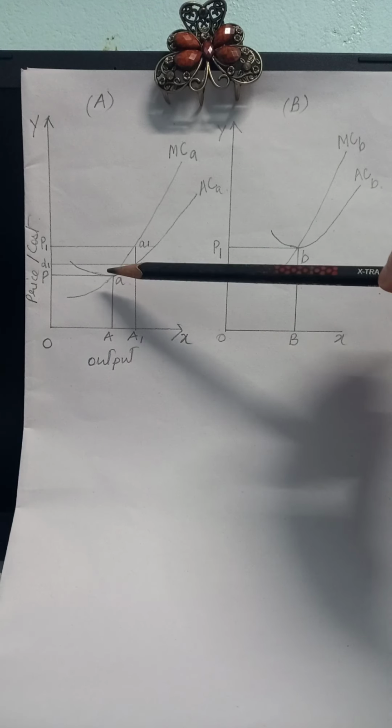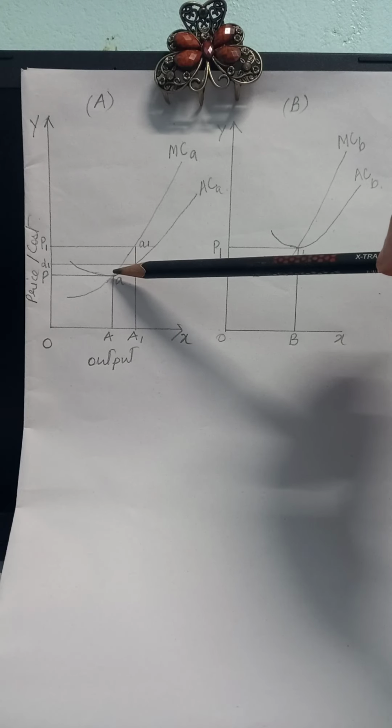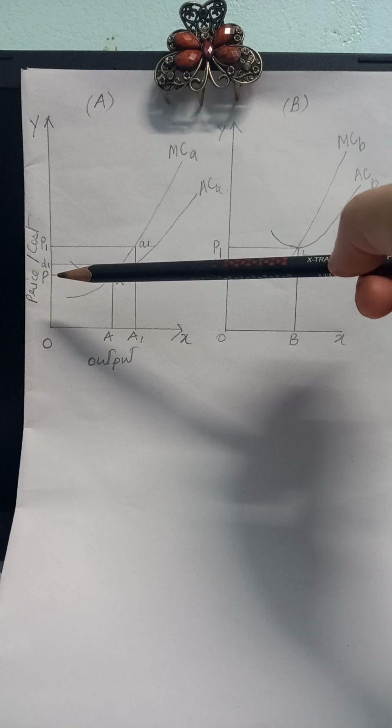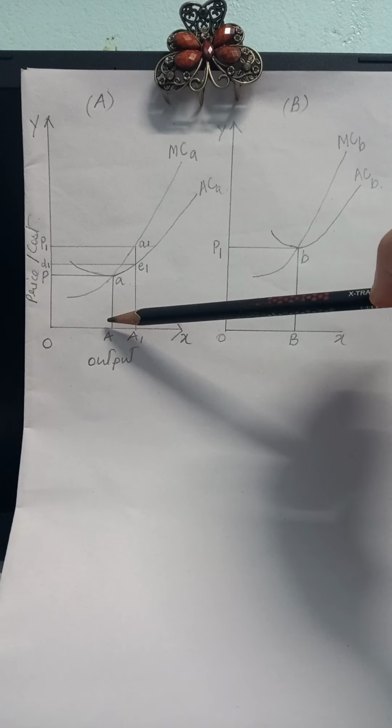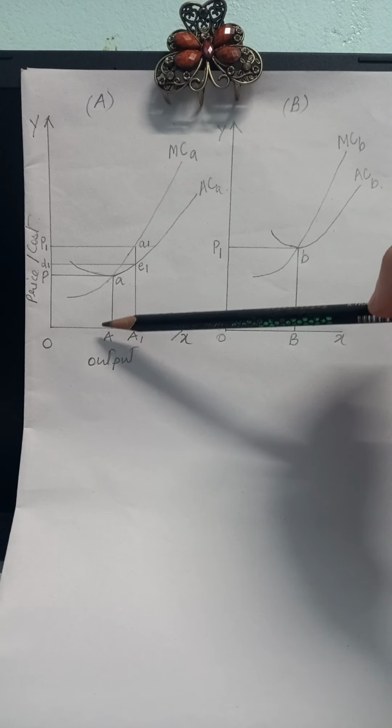MC and MR intersect at point A, which gives AA or OP as the price and OA as the output, which means earlier this OA output was enough to feed the entire population. But due to the increased demand, there will be a tendency to extend cultivation to plot B, and the price will increase from OP to OP1.